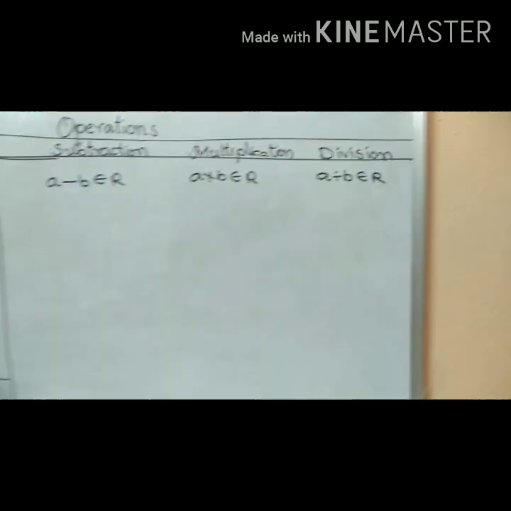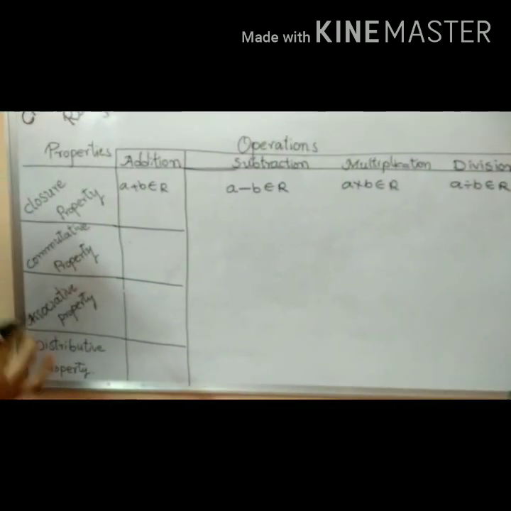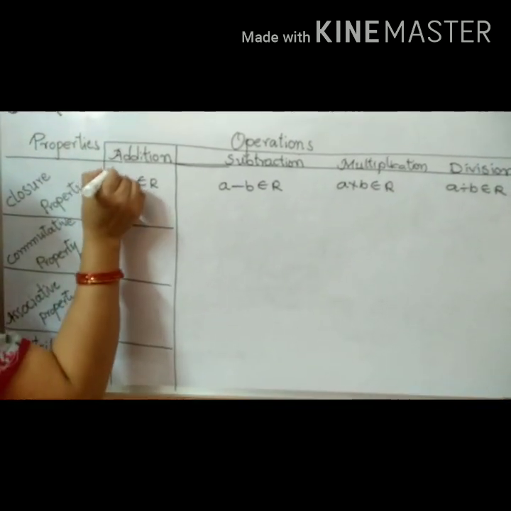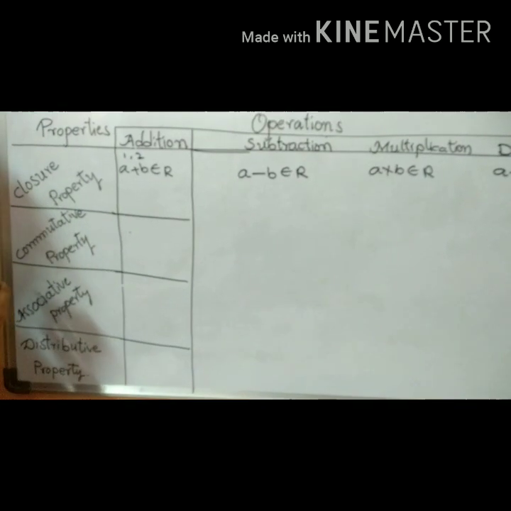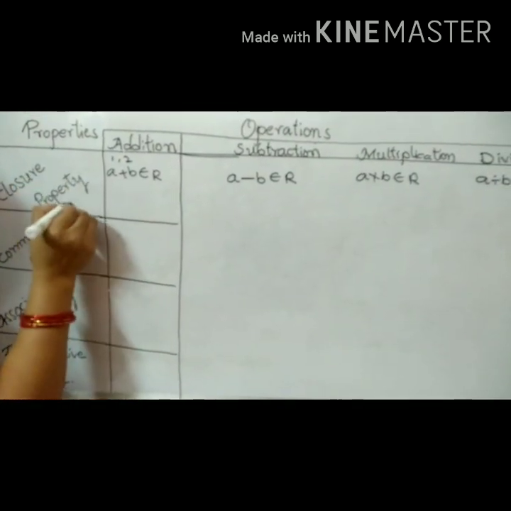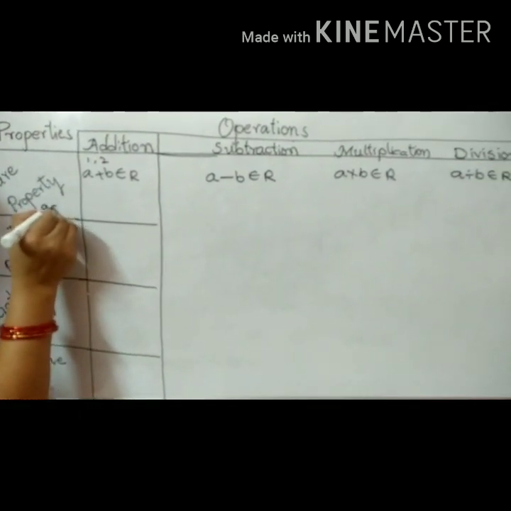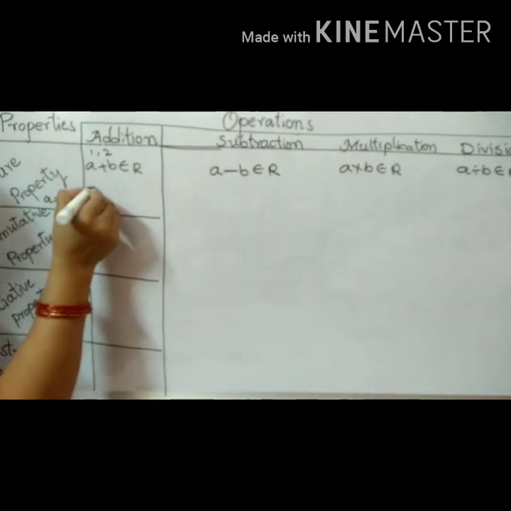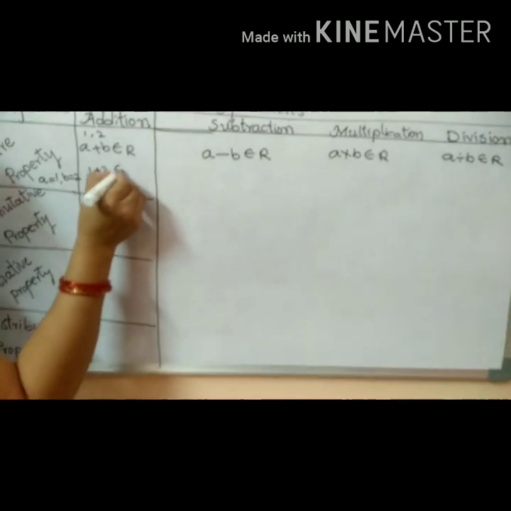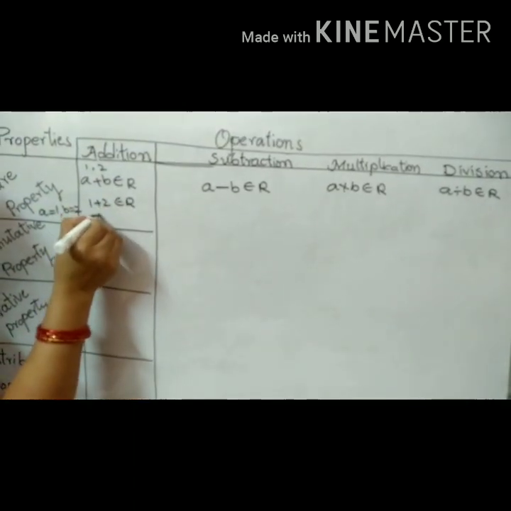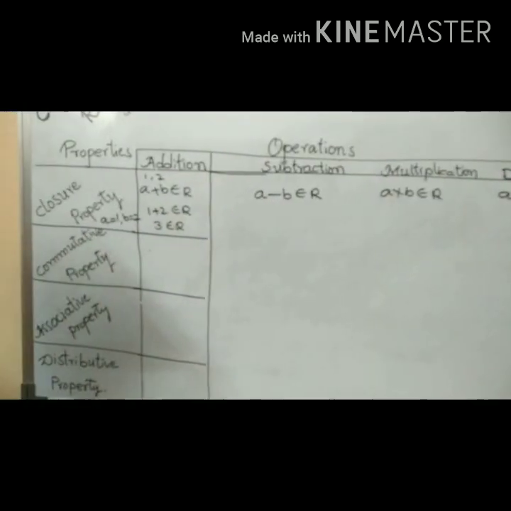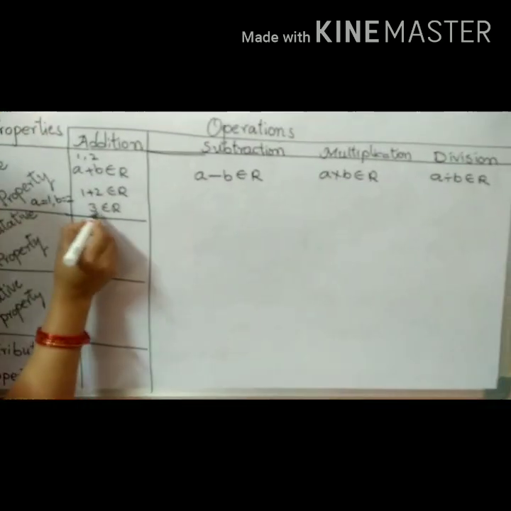Once observe that, I have to explain that with an example. So here you take 1 and 2 as the values of A, B. Under the closure property of addition, A is equal to 1 and B is equal to 2. So observe that 1 plus 2 is 3, which belongs to R. So it is a rational number.